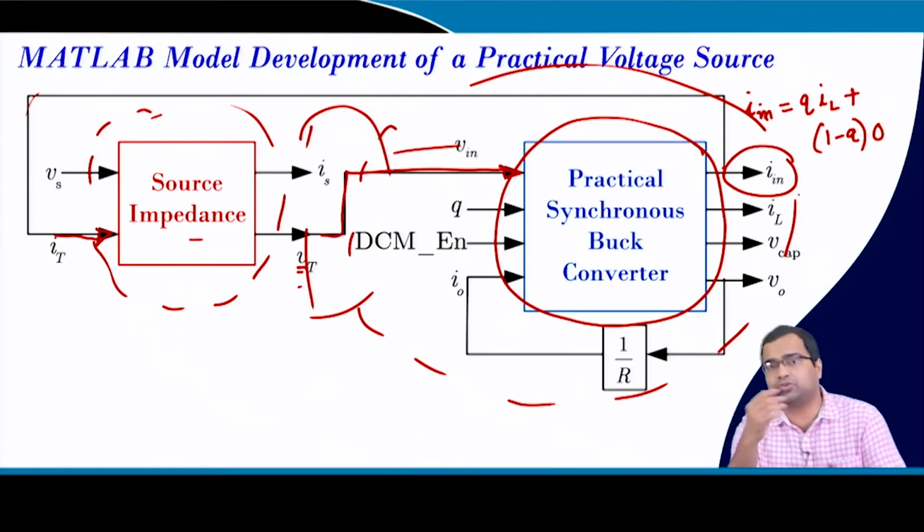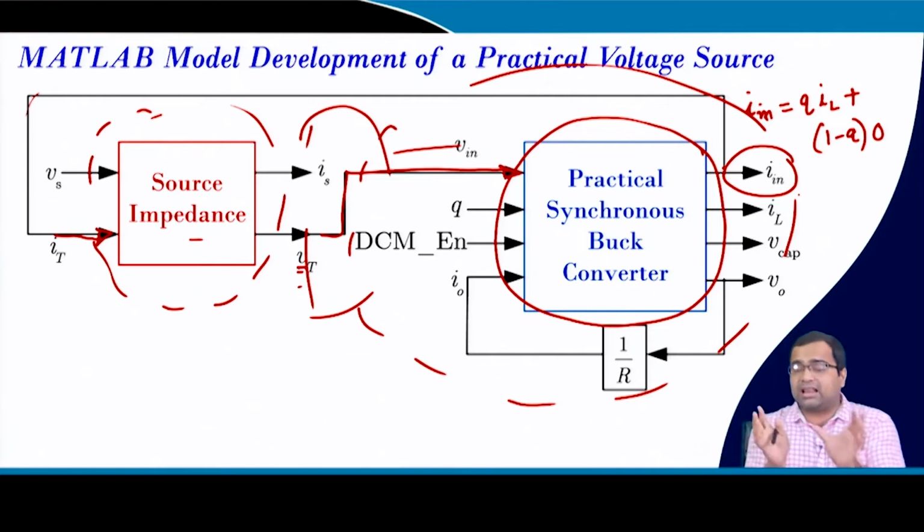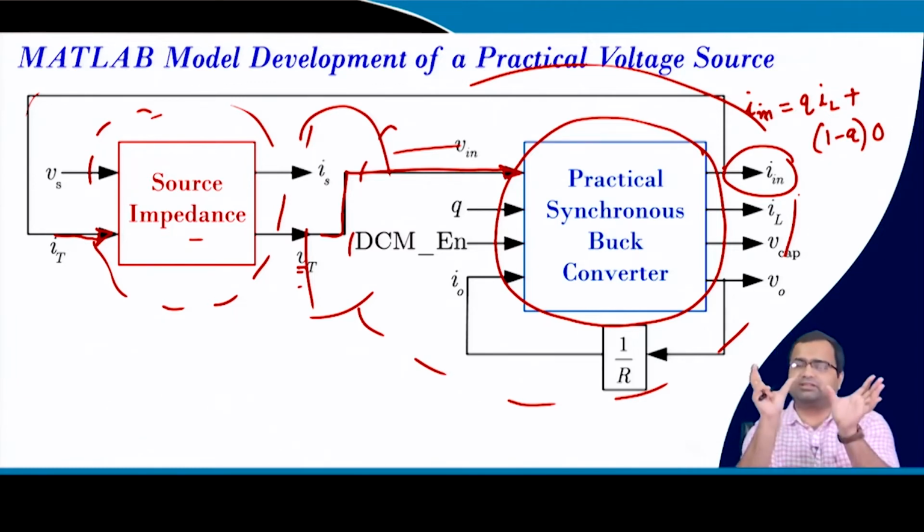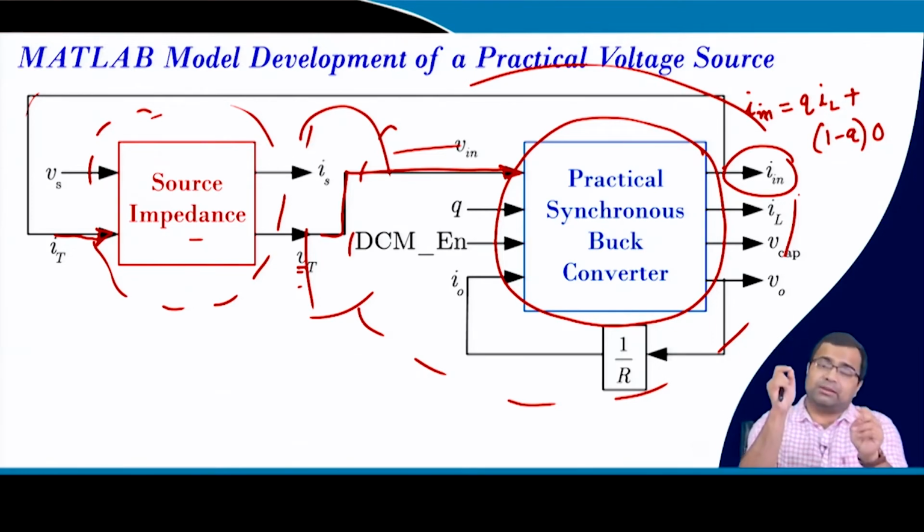In fact, I will show you in lecture number 16 probably, where we create a cascaded DC-DC converter, with a first stage and a second stage. You just copy and paste the model, change the parameters, and the whole model remains the same. Then the output of the first converter will be the input to the second, and the input current of the second converter will be the output current of the first.